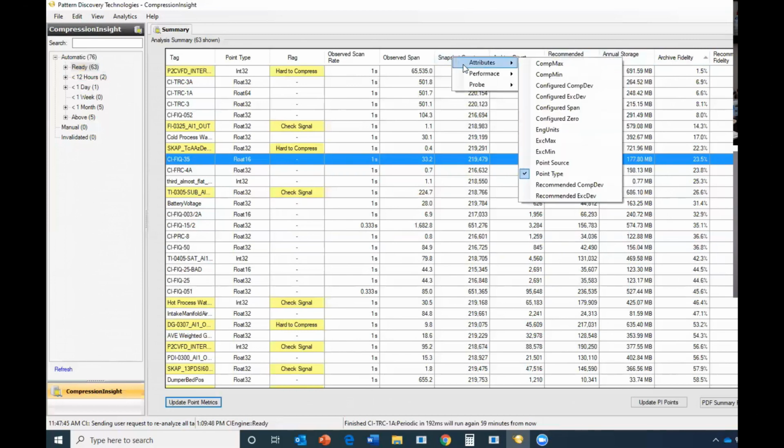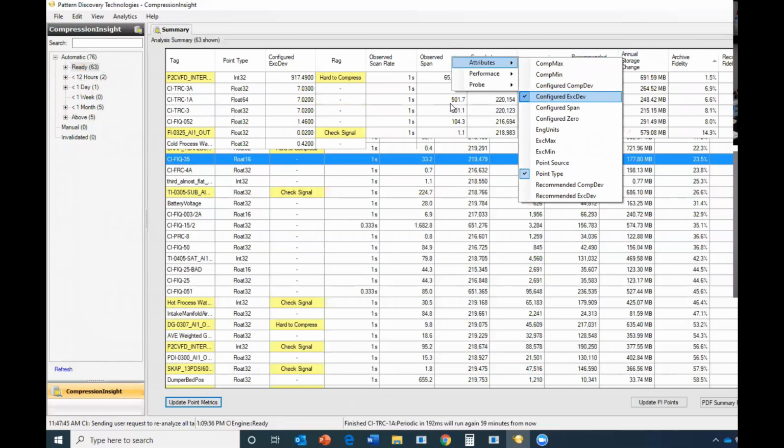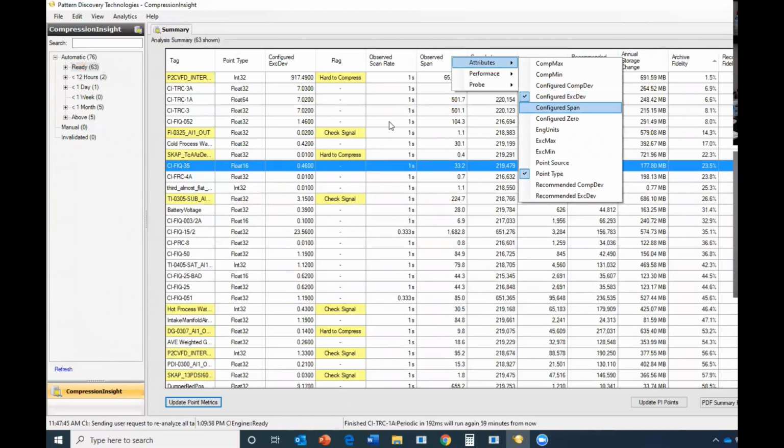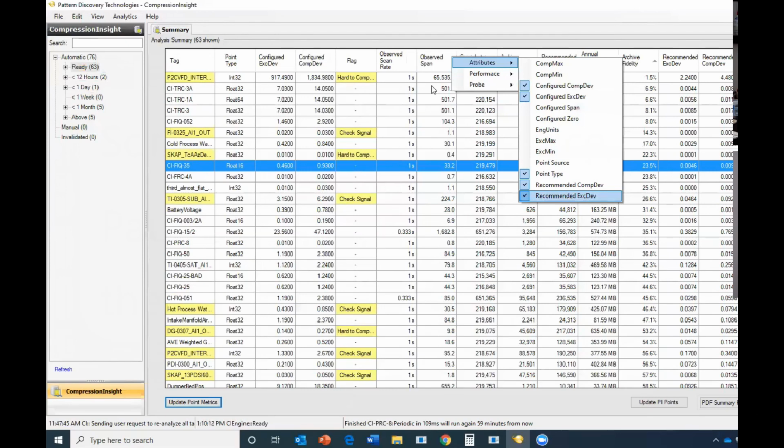I've only got a couple of things from an attribute perspective, but you can turn on any number of different things like the configured exception and compression deviations as an example. Those will show up in the summary. I could turn on the recommended compression and exception deviation so that you can now begin to compare those side by side. If you wanted to, you could move these columns around.